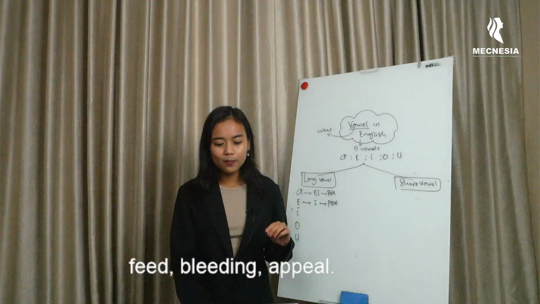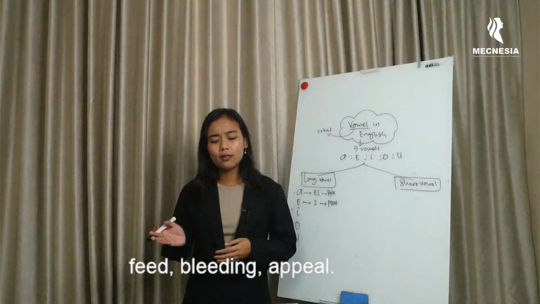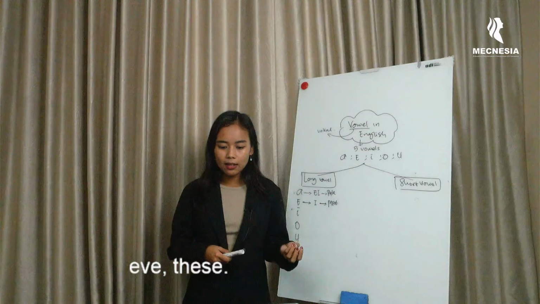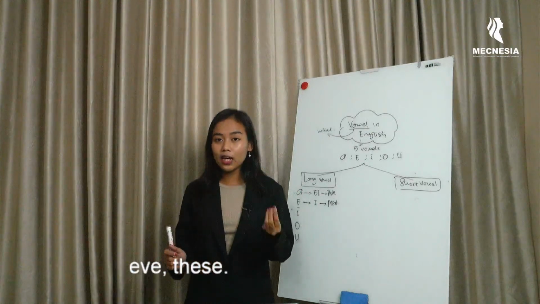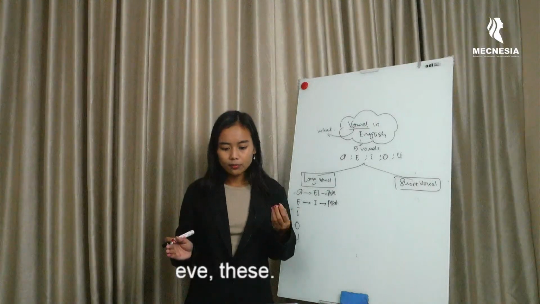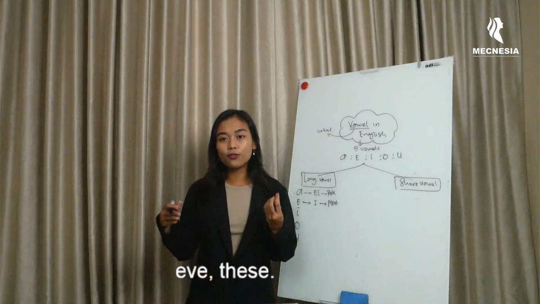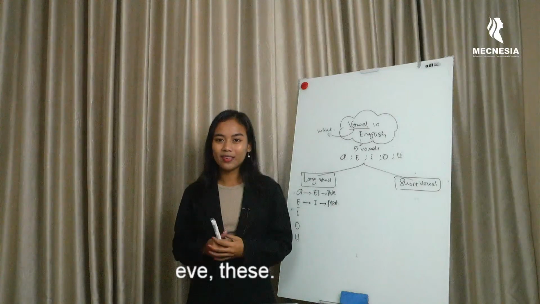Yang B. So, it's when the E is close to the end, and followed by consonant and silent E. Oke, jadi ketika huruf E-nya berada di akhir kata, di dekat akhir kata, dan diikuti dengan konsonan dan huruf E yang tidak dibunyikan. Like in the word if.